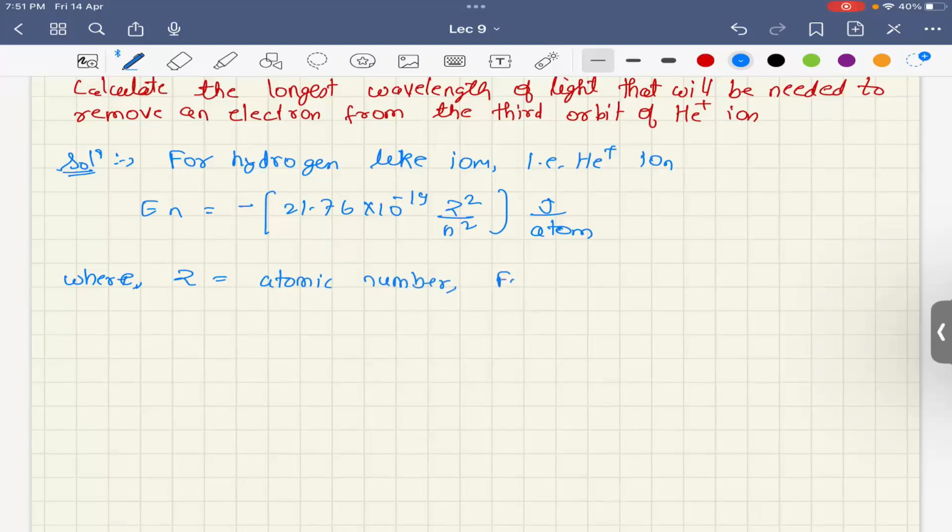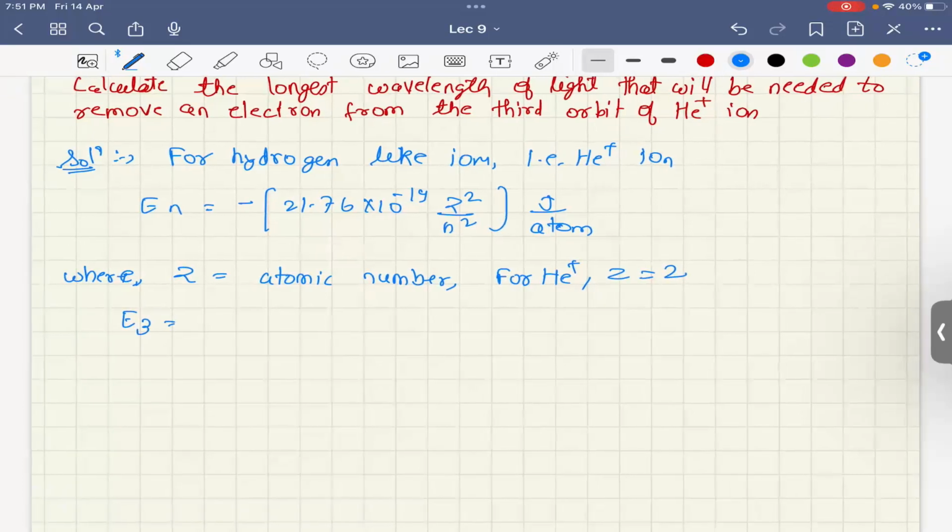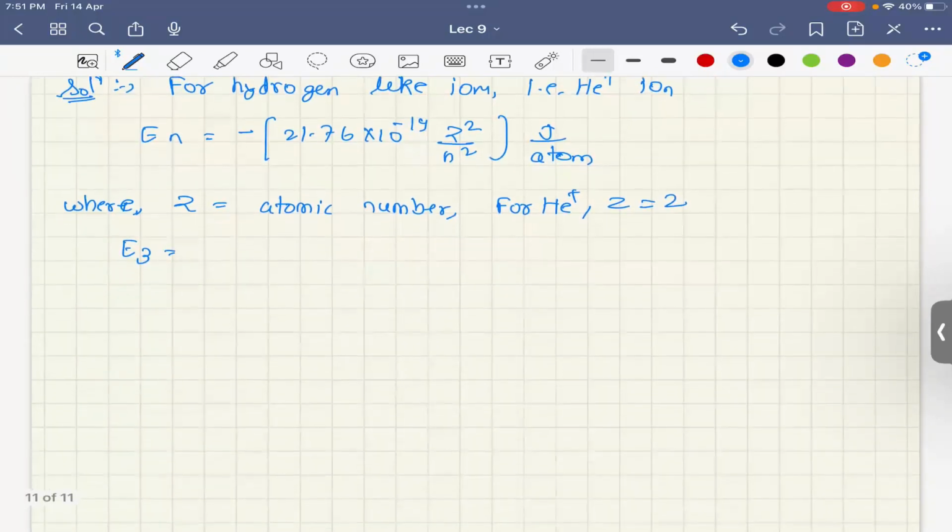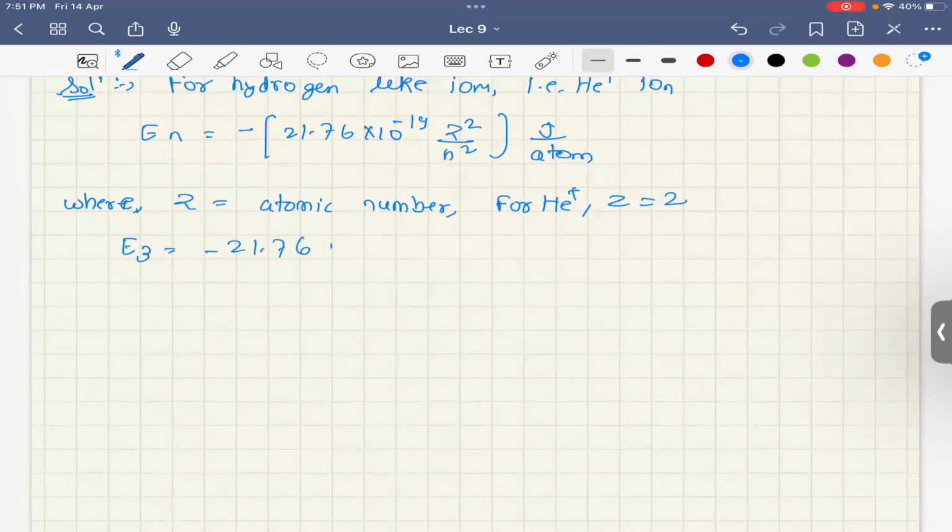For He plus, Z is 2, and as we know that it's the third orbit, we just put the values in the expression. So here Z is 2 by n square. What is n? n is 3, joule per atom.